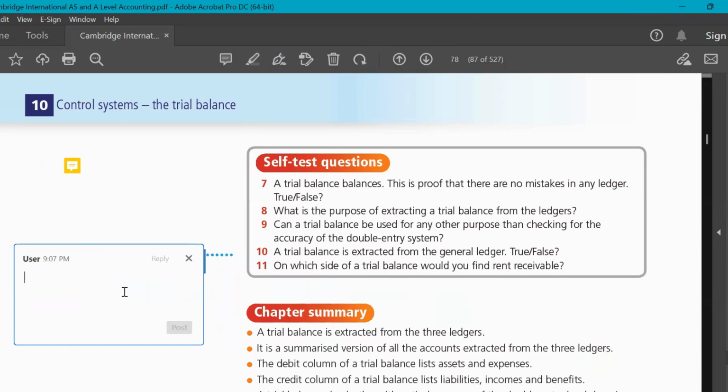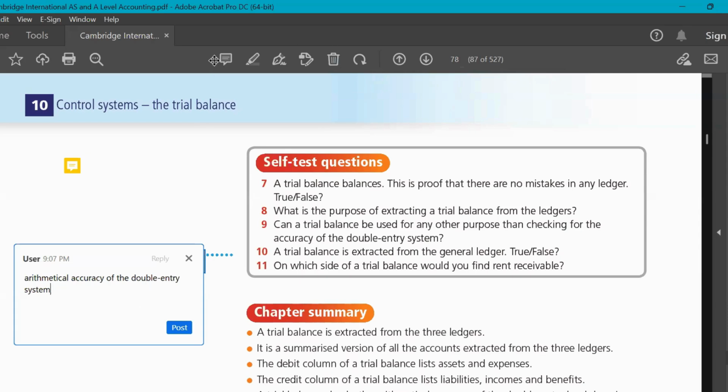Of course, it's only for the arithmetical accuracy of the double entry system. It means that it only ensures that for every debit there is a matching credit. So the books should be balanced.